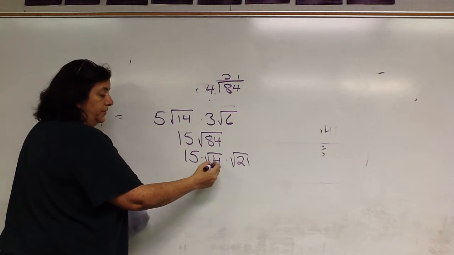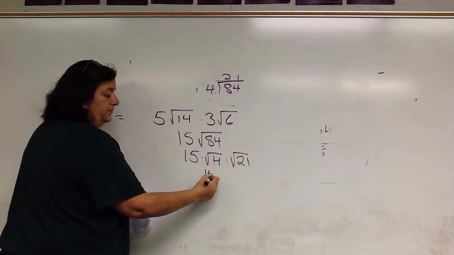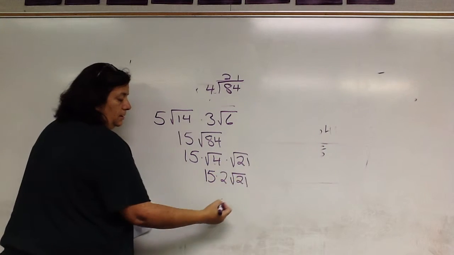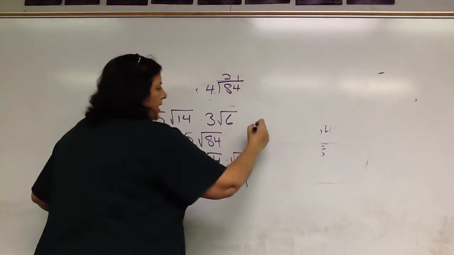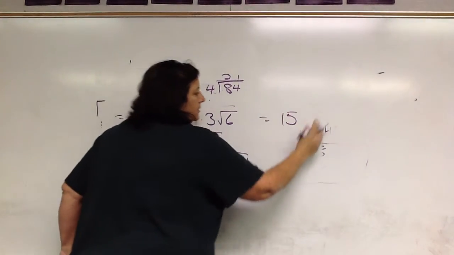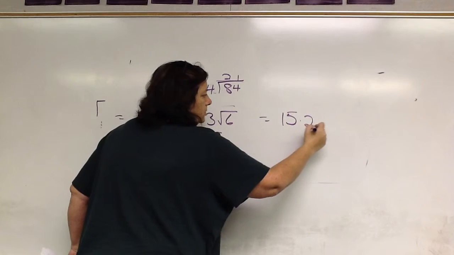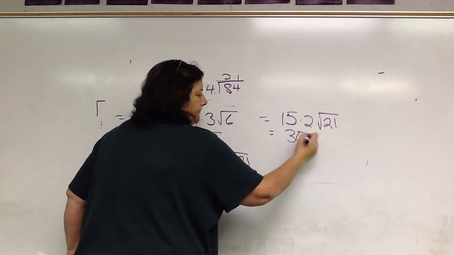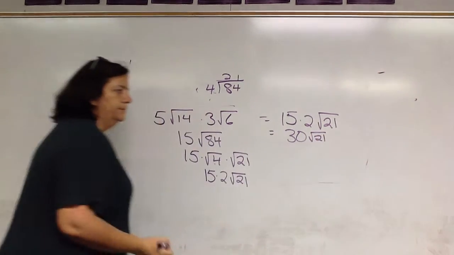Root 4 is the same thing as 2, so it's 15 times 2 times root 21, which means I have 30 root 21. That's the answer.